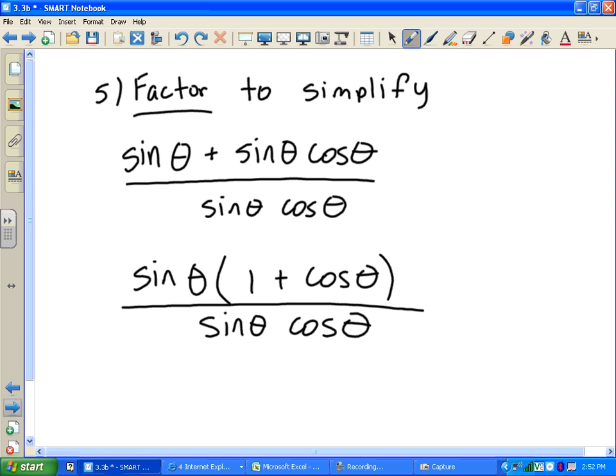And now notice what I can do here. I could cancel out the sine thetas because now the operations that they're doing there are multiplication. And so this would leave me with 1 plus cosine theta over cosine theta. Now I couldn't cancel out the cosine thetas, especially with the top one there, the numerator, because the operation is not multiplication on that quantity.